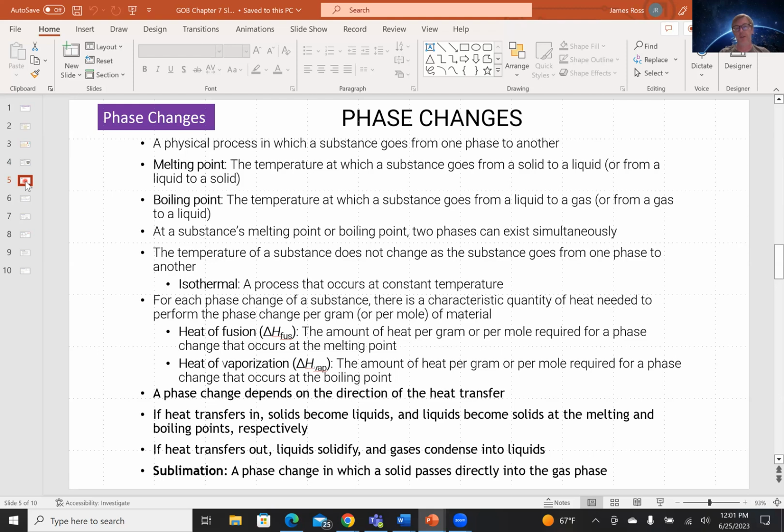Okay, phase changes. You can cause a phase change by receiving or losing heat. When we say phases, we mean solid, liquid, and gas, or states of matter. And a phase change, as we've seen in a previous video, is a physical change, because certain properties that occur during phase changes, like melting point and boiling point, are physical properties, which remember means they can be measured without permanently changing the material.